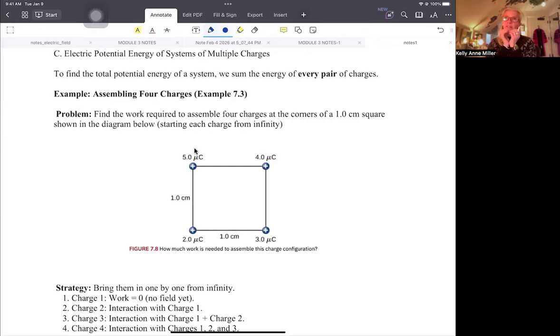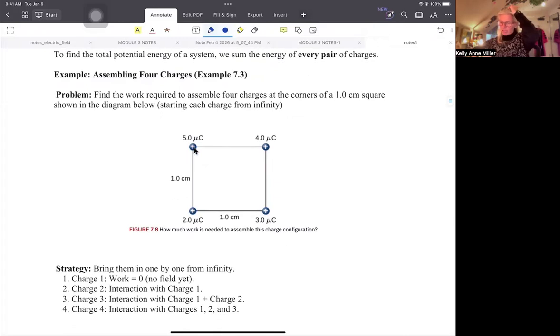When we talk about the potential of a charge in this position, we're comparing it to some very distant point that is so far away that we can just say it's at infinity. That allows us to say it has basically no energy; the point of reference is zero. So we start each charge from infinity.